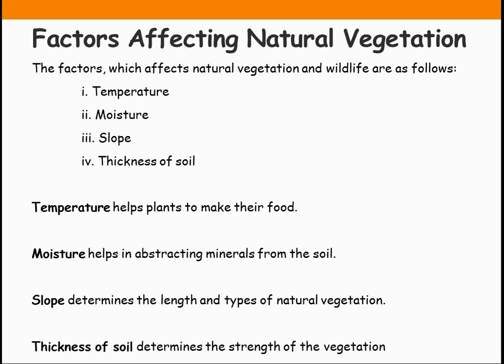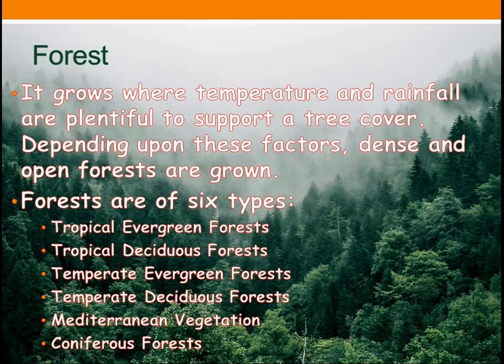They are making food, isn't it? Yes. Moisture helps in absorbing minerals from the soil. And slope determines the length and types of natural vegetation, and the thickness of soil determines the strength of the vegetation.